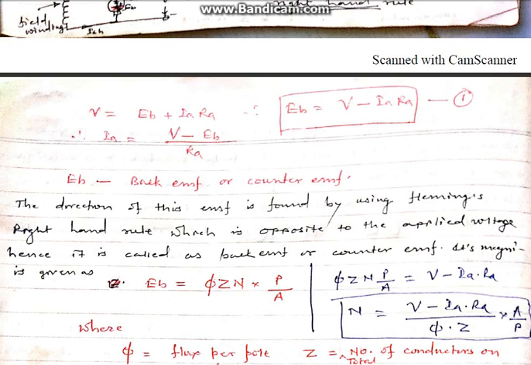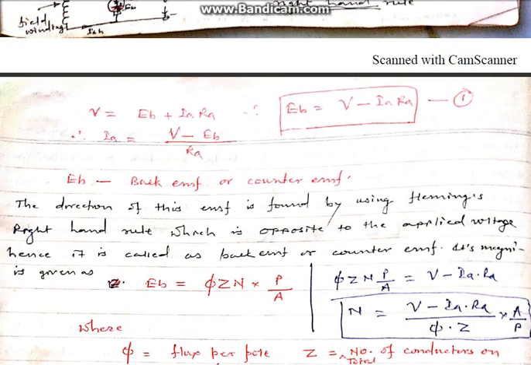Back EMF is the EMF induced into the rotor winding, which is also called the armature of DC motor. One can rearrange this equation as EB is equal to V minus IA RA, where V is the supply voltage.